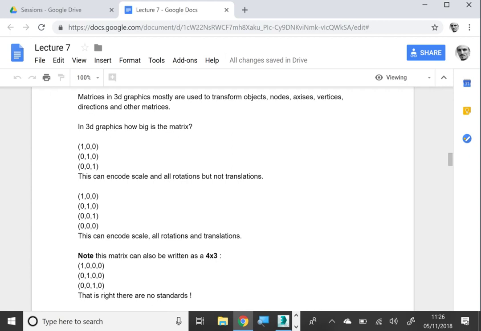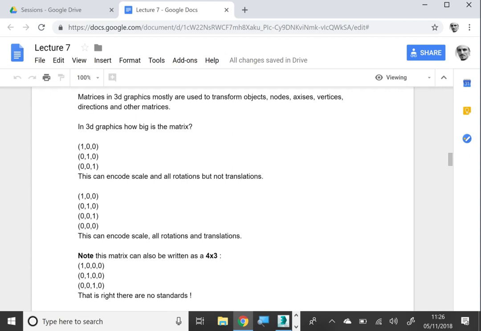Okay, so we now have 4 rows and 3 columns. Again, what is weird is there are no standards. So I've laid it out in what they call a row. You can also lay this out in columns and end up with a 4x3 matrix. Just to really kind of confuse things, again, there are no standards.